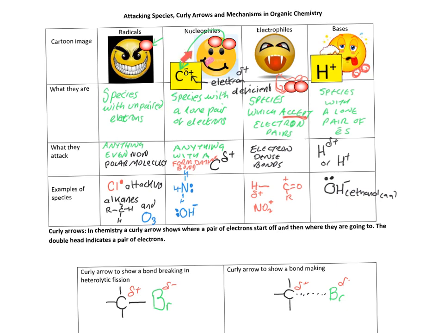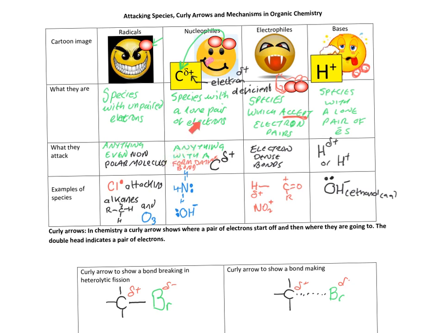The next type of species is the nucleophile. Phile means attracted to. So it's a species with a lone pair of electrons. It will attack anything with an electron deficient carbon. So a carbon in a polar bond where the carbon is attached to another electronegative atom, giving it this permanent dipole.